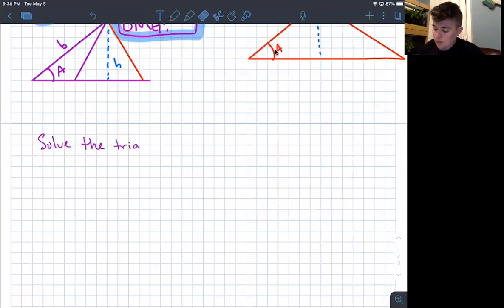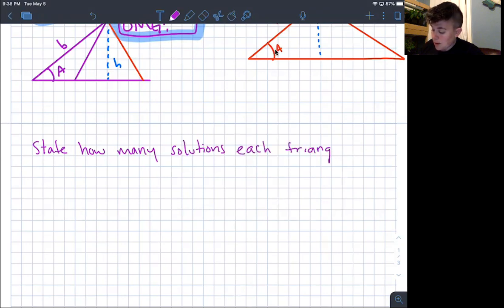We're not going to solve the triangle. What we're going to do is state how many solutions each triangle has.